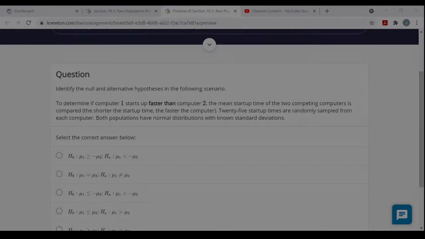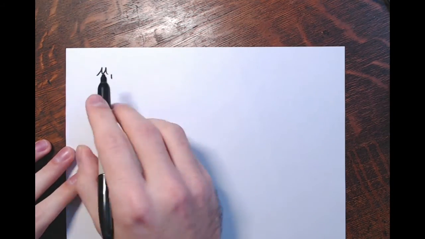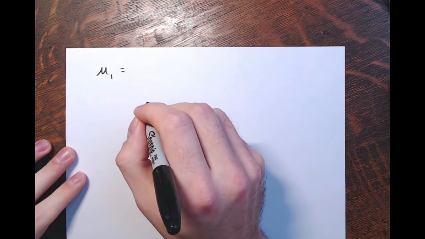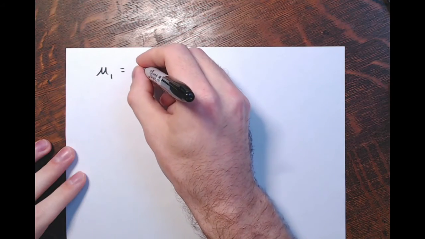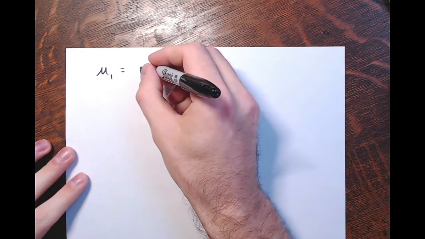So I'll go to a piece of paper here, and let's say we're dealing with two population means now. Let's say mu sub 1 is the mean startup time of computer 1, models like computer 1.